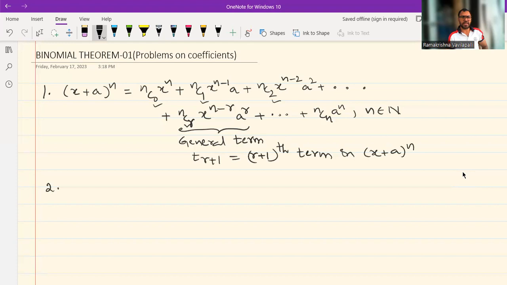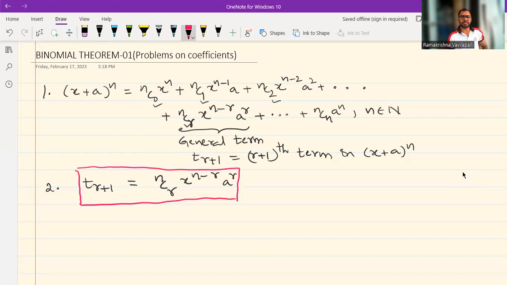Therefore, I can write that T(r+1) equals, the general term, nCr x^(n-r) a^r. It is very, very important. This is the very important general term of binomial expansion.